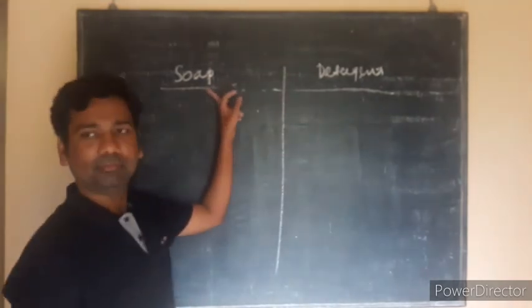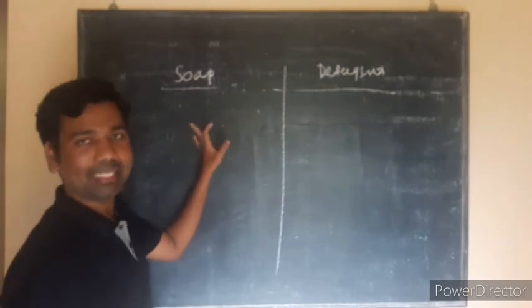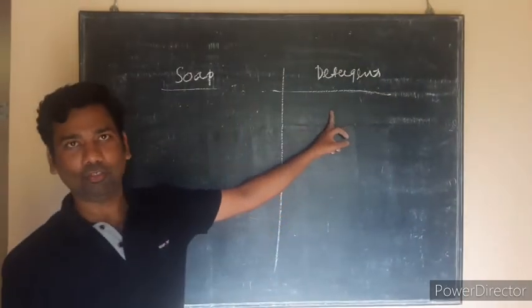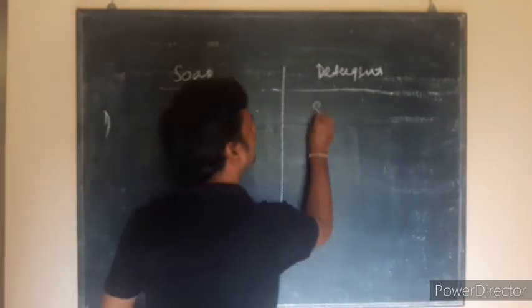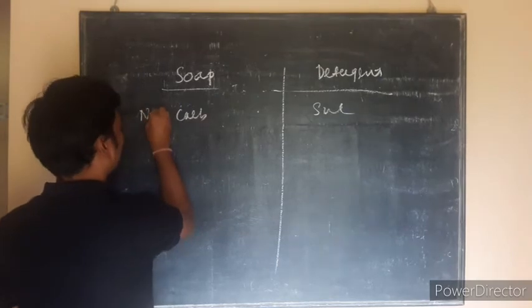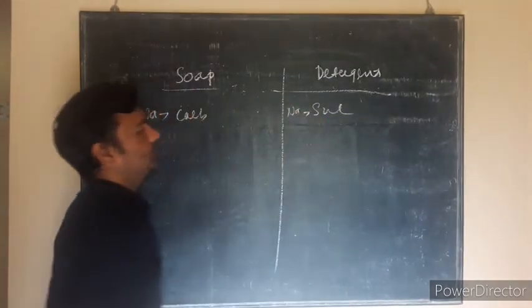For soaps, the first difference is that it is a sodium salt of a carboxylic acid, whereas a detergent is a sodium salt of a sulfonic acid.